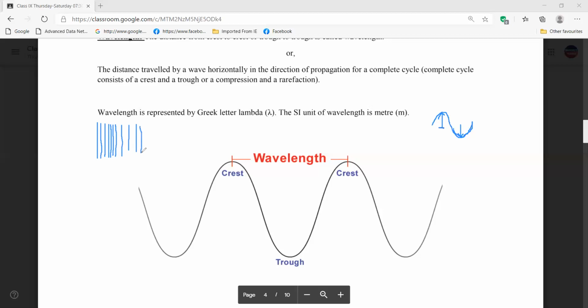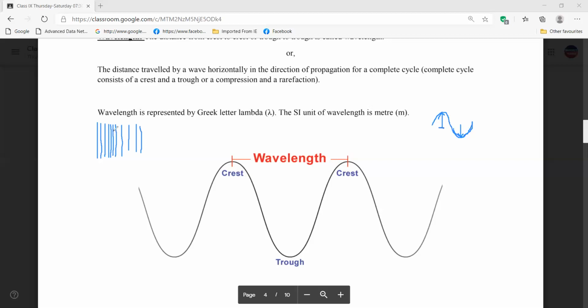Here we are getting expansion and here we are getting compression of the air molecules. Is it clear? Yes, sir. The air column is expanded here and the air column is compressed here.